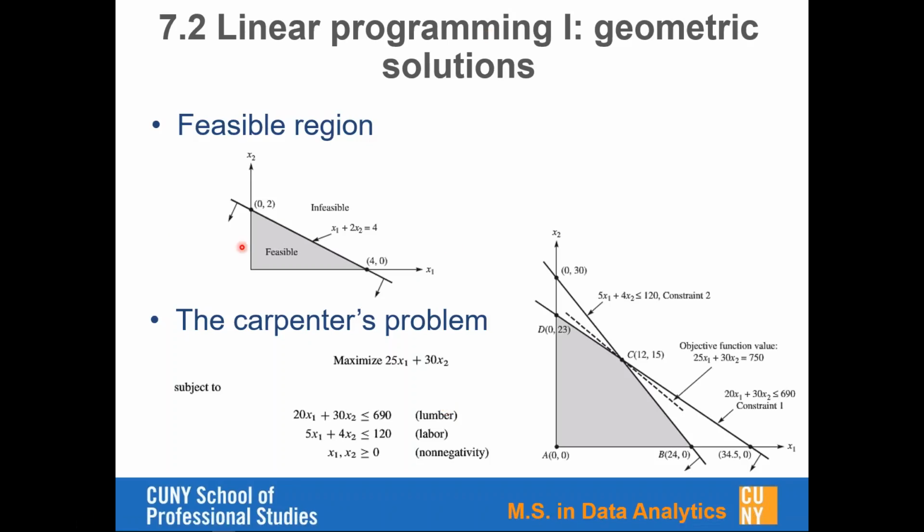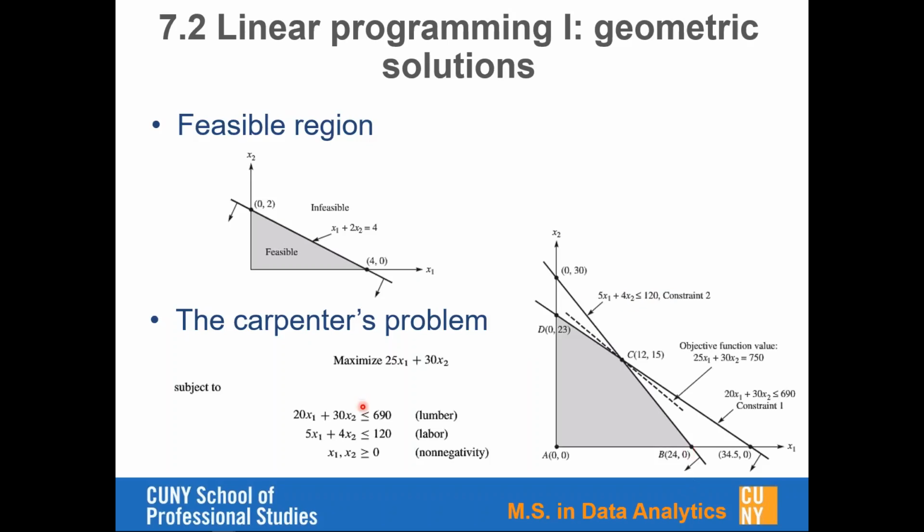In the two-dimensional space, let's look at the graph on the right-hand side. We know that a line in a two-dimensional space, 5x1 plus 4x2 equal to 120, is really this constraint.